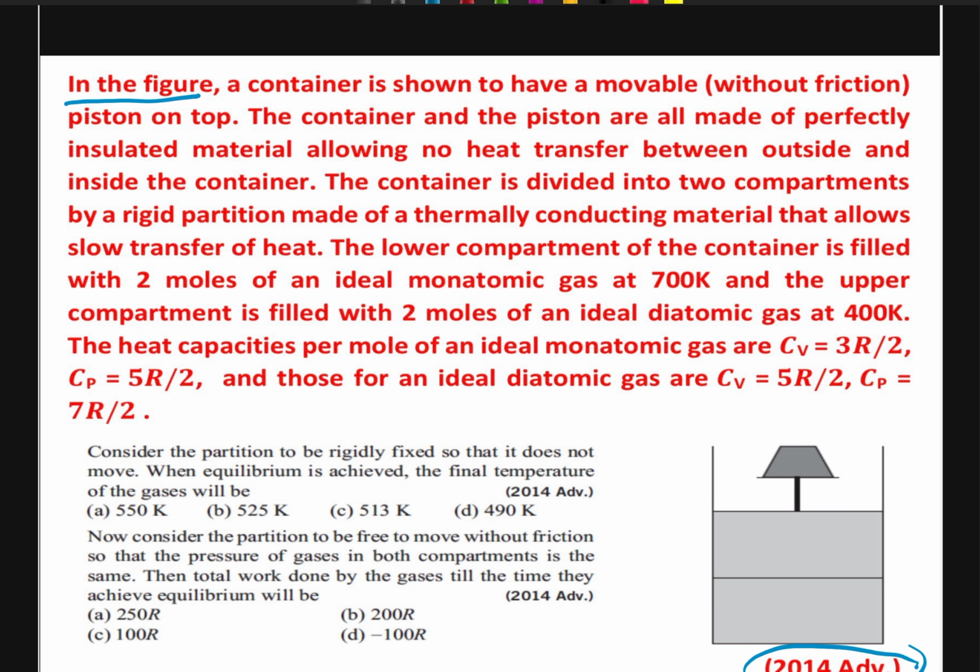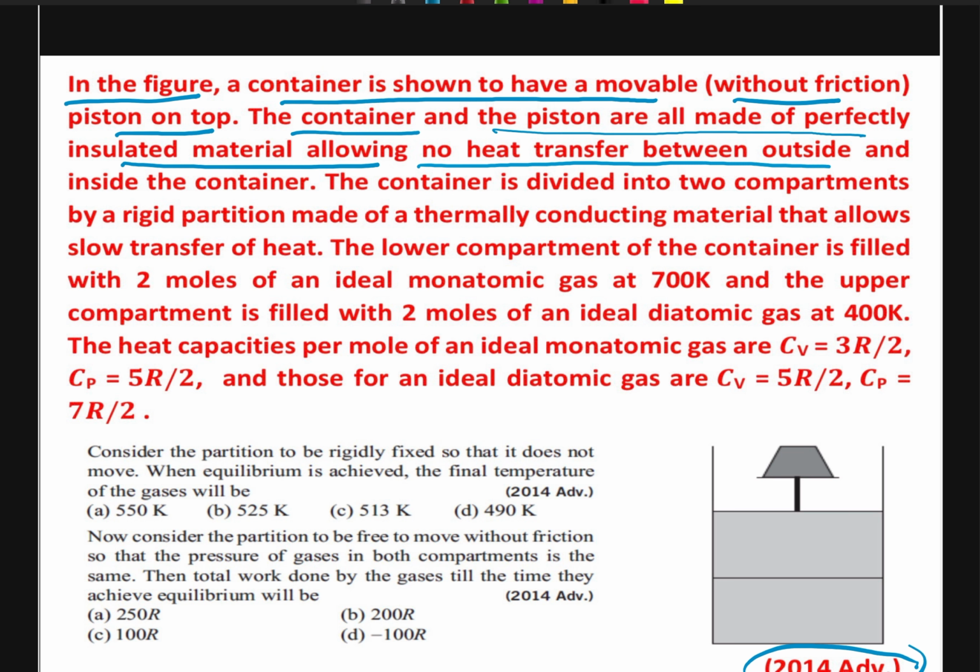in the figure a container is shown to have a movable without friction piston on the top. The container and the piston are all made of perfectly insulated material, allowing no heat transfer between the outside and inside the container. The container is divided into two compartments by a rigid partition made of thermally conducting material that allows slow transfer of heat.